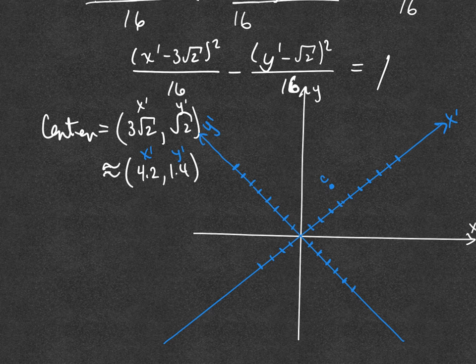Just doing the best I can to ballpark it in there. Okay? Then what we need to do is take the number under the x's, which is a 16, and take the square root. The square root of 16 is 4. So that means I'm going to have to go 4 to the right. 1, 2, 3, 4. And 4 to the left. 1, 2, 3, 4.